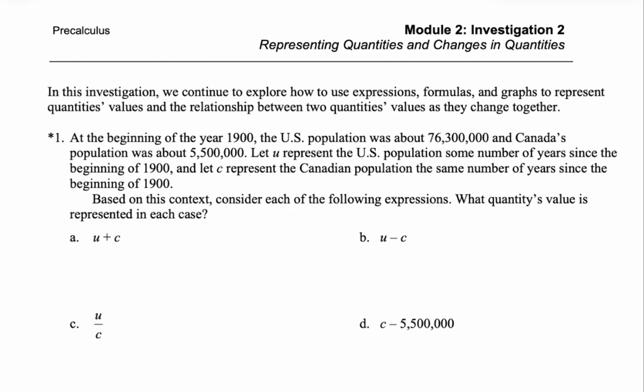So remember, sometimes what I will do is I'll make myself a little note to the side. What did they say those quantities were? Okay, so U is the US population some number of years after 1900, and C is the Canadian population so many years after 1900.